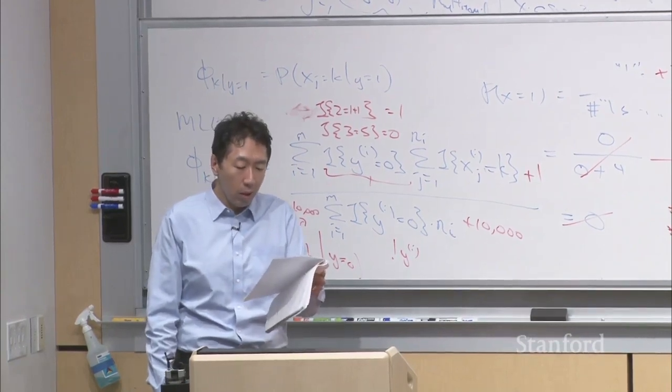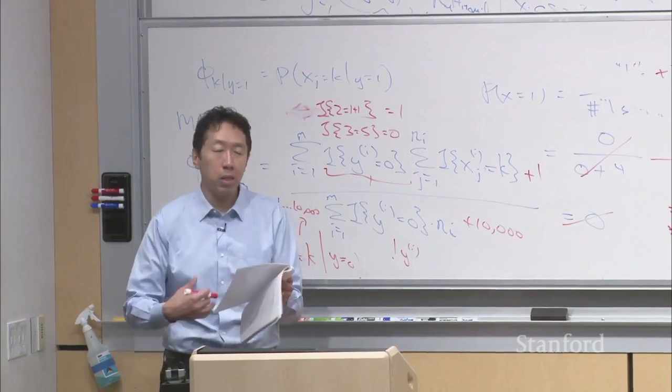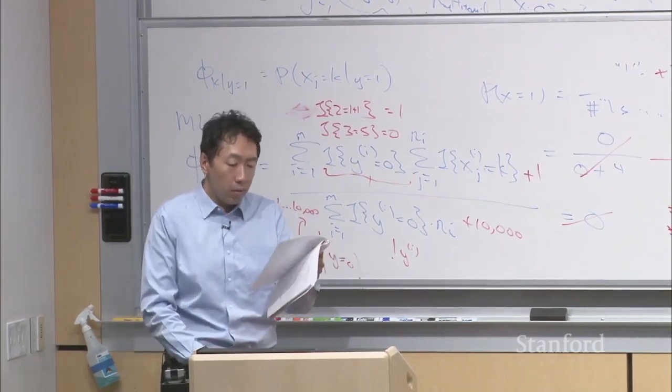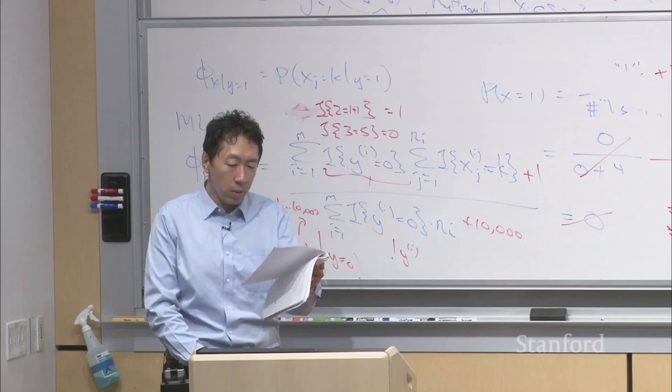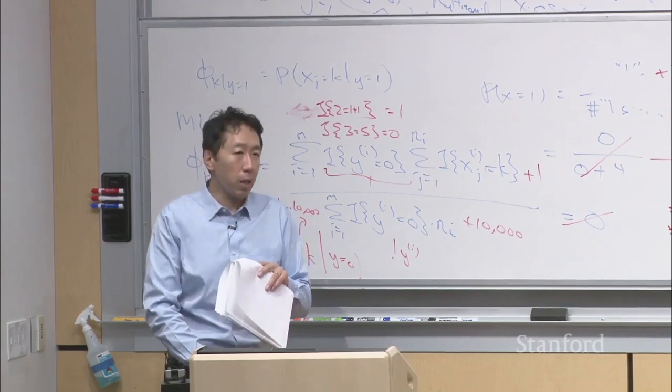And if your goal is not to invent a brand new learning algorithm, but to take existing algorithms and apply them, then the rule of thumb I suggest is, when you get started on a machine learning project, start by implementing something quick and dirty.